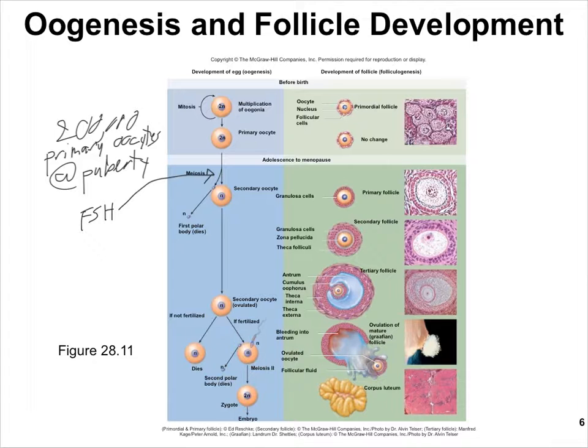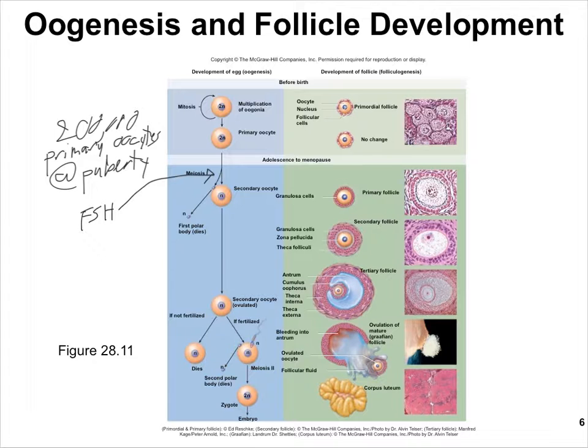Looking at the follicle, after the completion of meiosis 1, so this is at the start of the cycle, the follicular cells begin to divide. And it changes from a primordial follicle to what's called a primary follicle. This is a follicle.